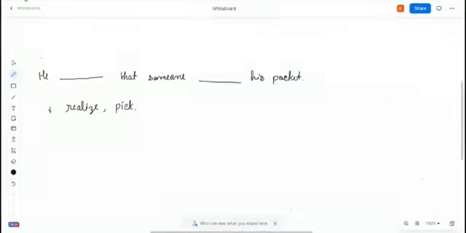Try to put these two verbs in the blank spaces and use the correct form. Okay, can I try, ma'am? Yes. He had realized someone picked his pocket.